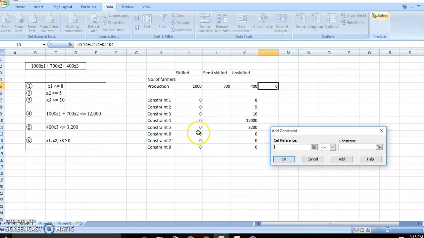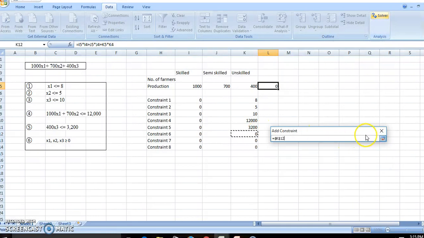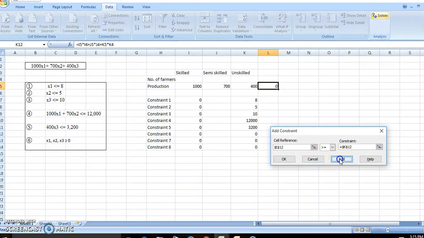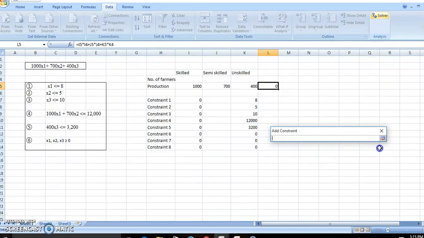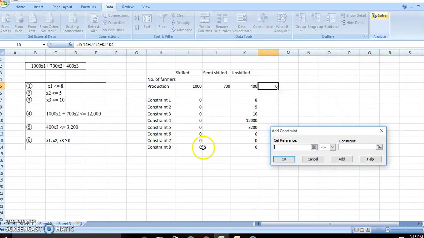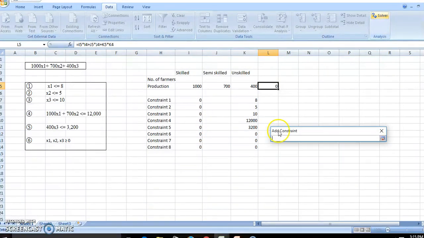Now my non-negativity constraints, so the symbol will change. Hence this cell greater than equal to this cell, greater than equal to this cell, finally this cell greater than equal to this cell.